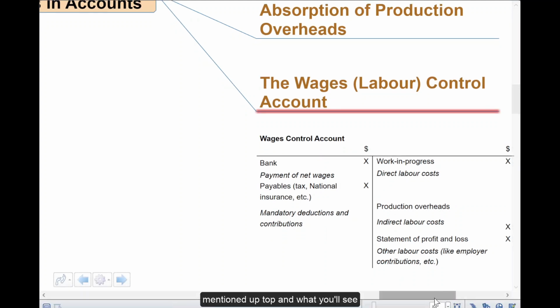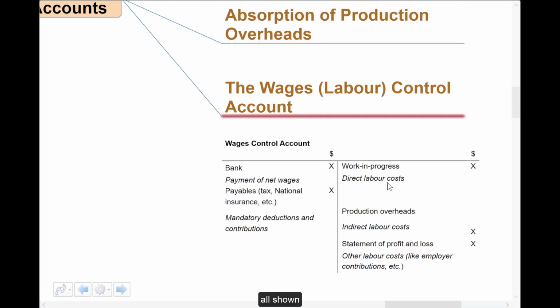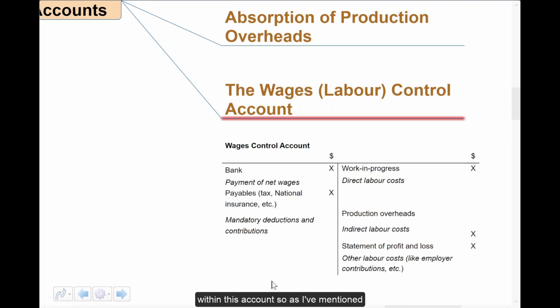What you'll see here is that all of the entries relating to wages and the associated entries are all shown within this account. So as I've mentioned, the wages control account houses not just perhaps work in progress, some element of indirect labour costs, etc.